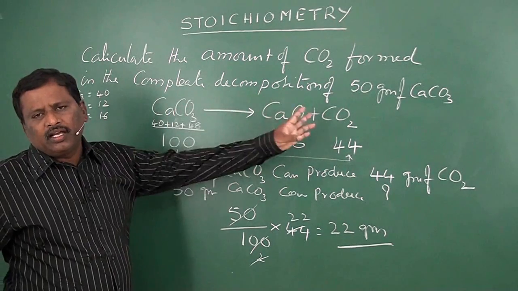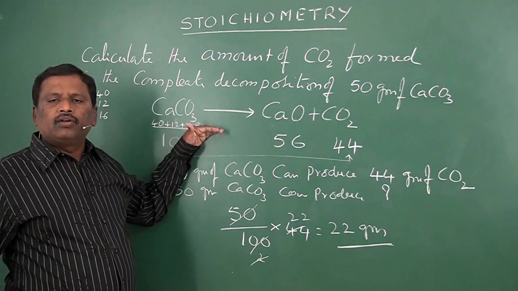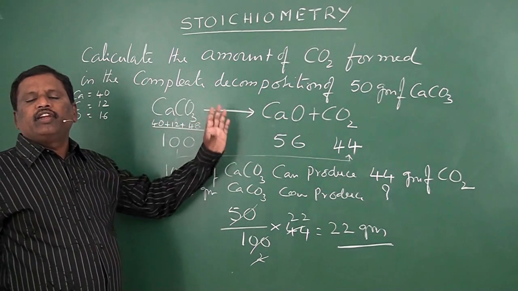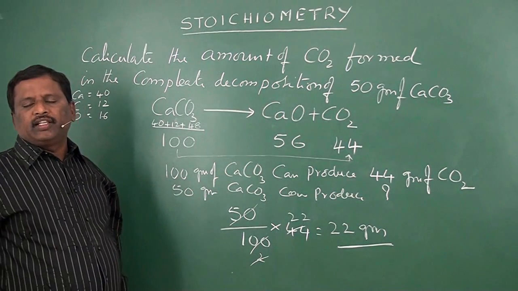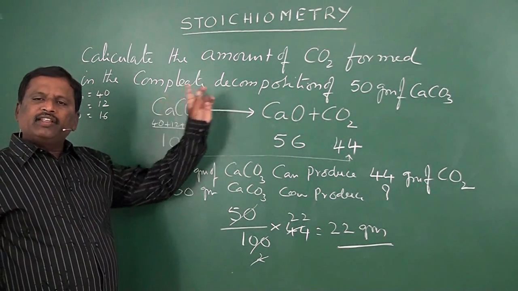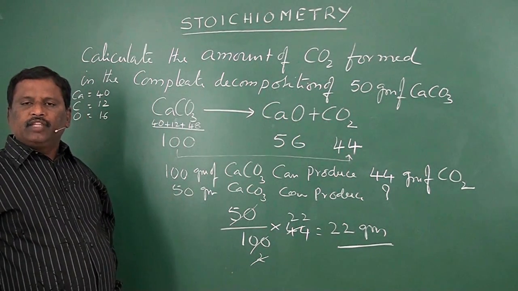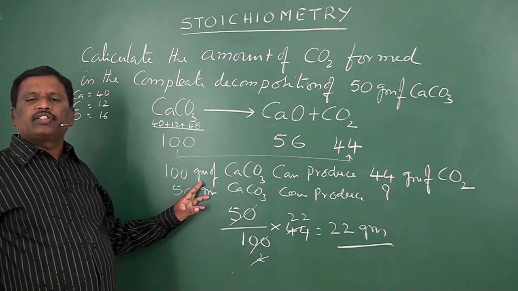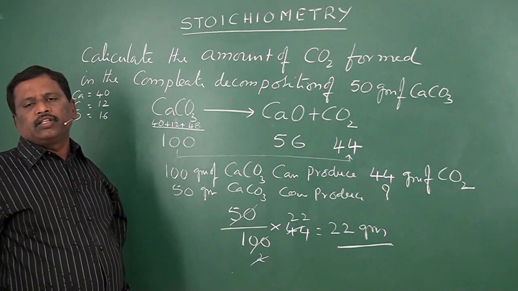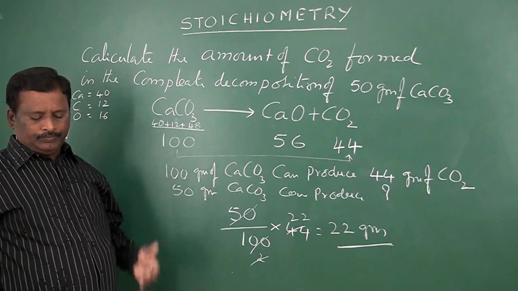First you have to balance the reaction. After balancing, you have to write down the molecular weights of each component present in that equation. Then which element is compared with which mass? Then you write down this expression, then the calculation. These are the stepwise procedures that you have to follow to solve this type of problems.